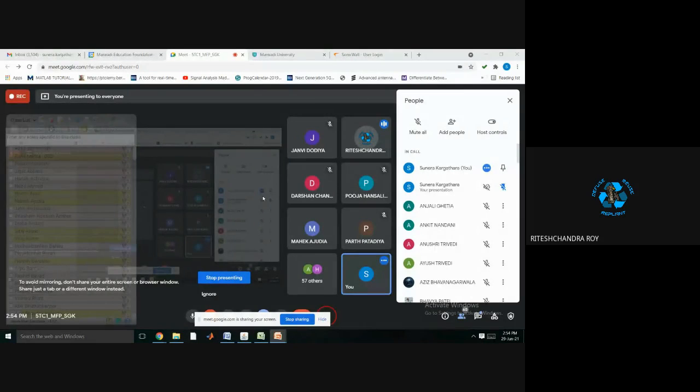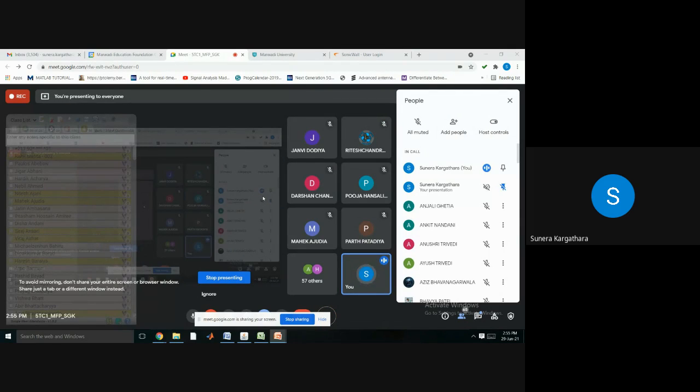Ma'am, if we want to represent a signed number which is itself of 8 bits, then how can we represent it? See, whatever operation you are performing here, Ritesh, is with unsigned numbers.